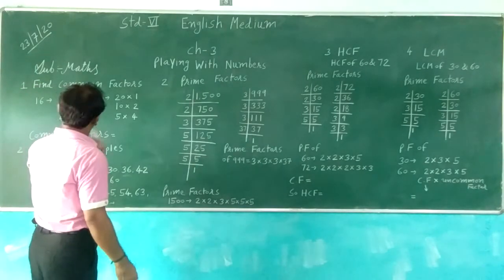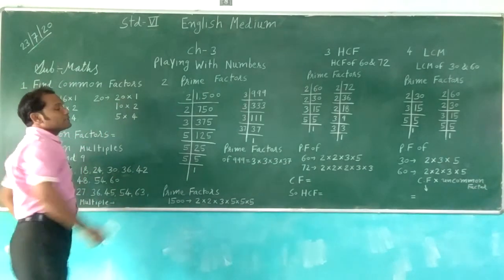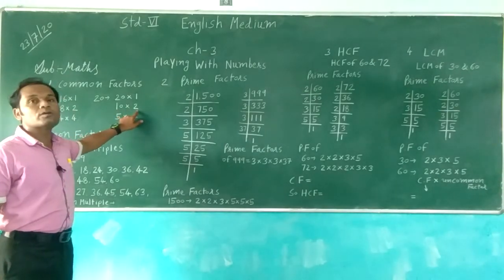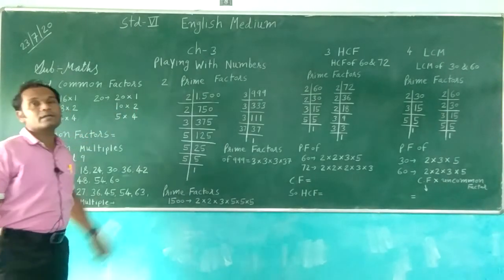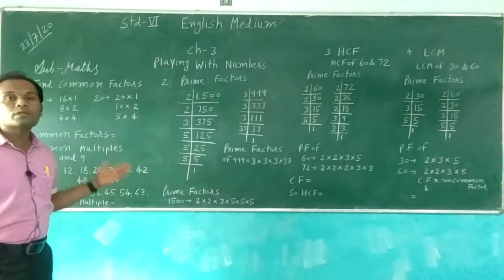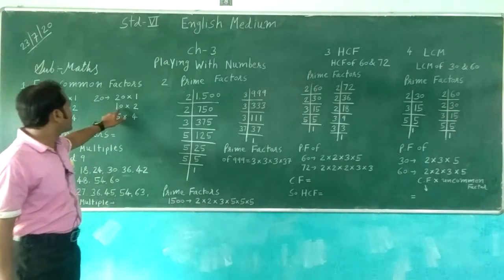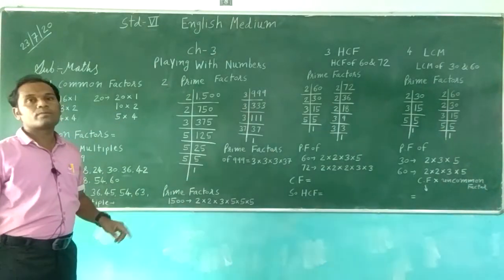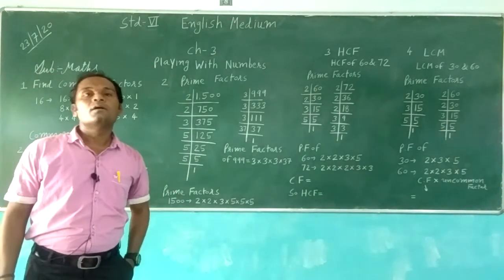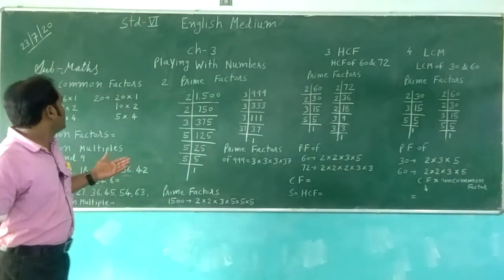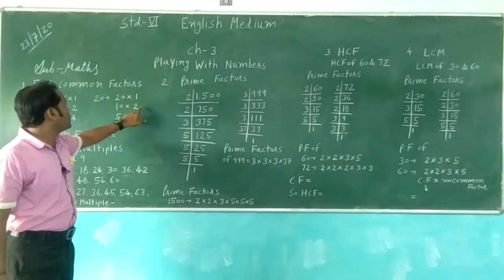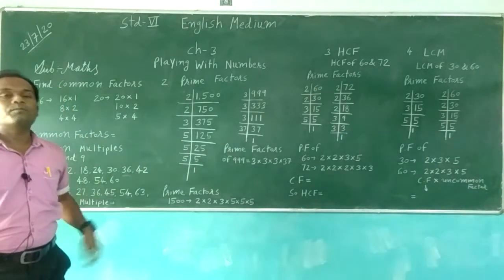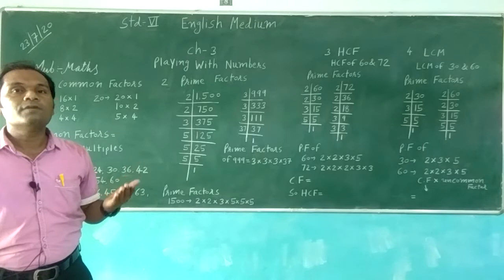So here you can see 20 ones are 20. 10 twos are also 20, so 10 and 2, 10 multiplied by 2. 5 fours are also 20. So the factors of 20 are 1, 2, 4, 5, 10 and 20. The factors of 20 are given here.